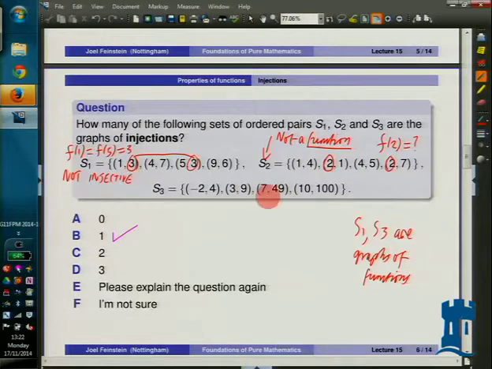Now the last one, you may recognize that you square the first coordinate to get the second, and you could conceivably think that squaring is not injective because we saw a moment ago that squaring is not injective. However, just because squaring isn't injective on the whole real line, it can become injective if you use just a few real numbers like these ones, because here there's no repeats in the second coordinate, so this is an injective function.